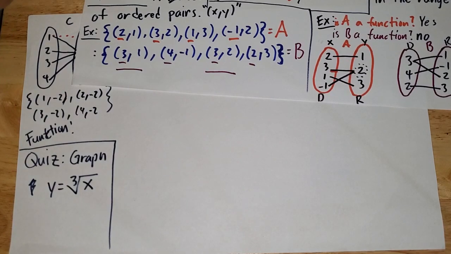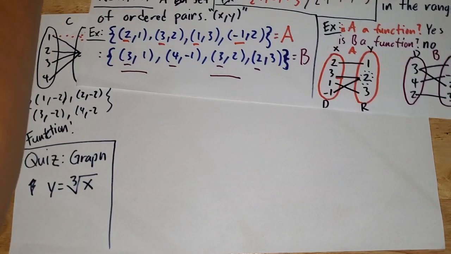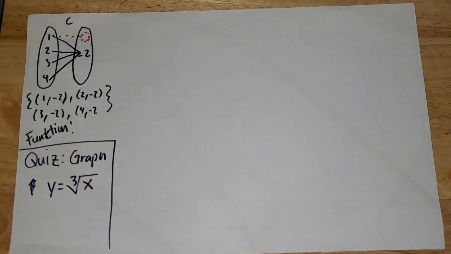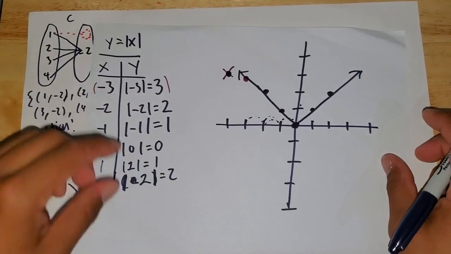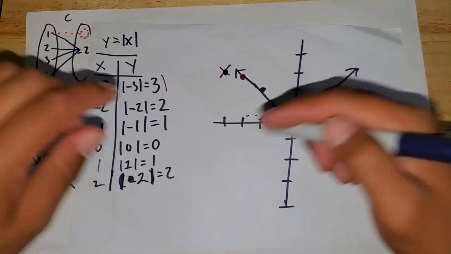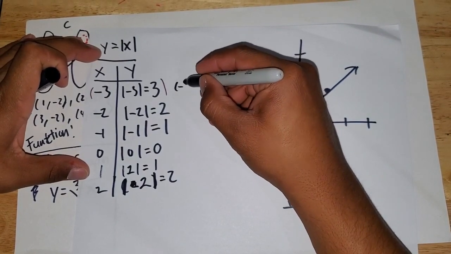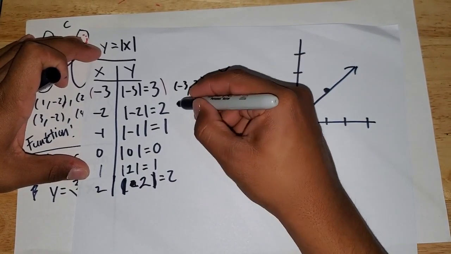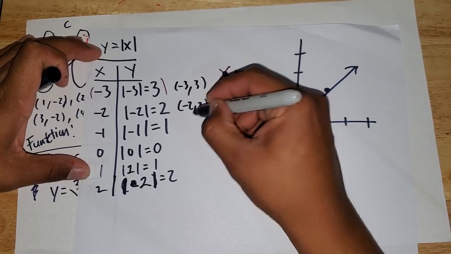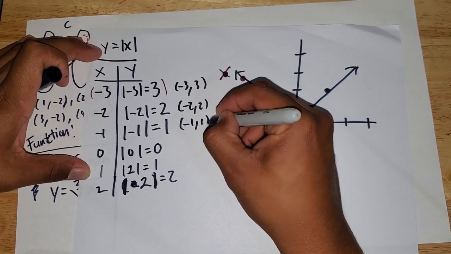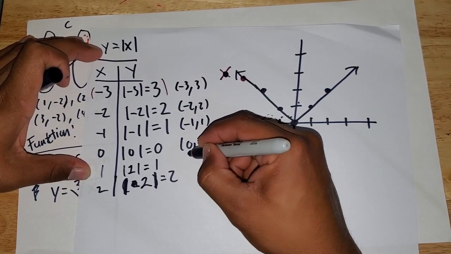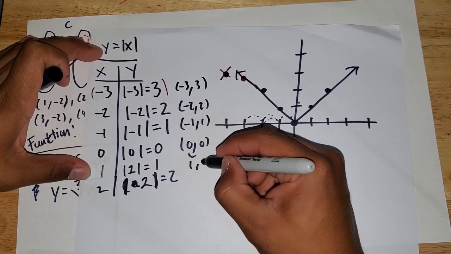So, but for now, we saw these as equations. And they're made up of, if we look back, I have it right here. All of these were different ordered pairs. So this one was -3 and 3. This was -2 and 2. This was -1 and 1. This was 0, 0, smiley face. This was 1, 1.